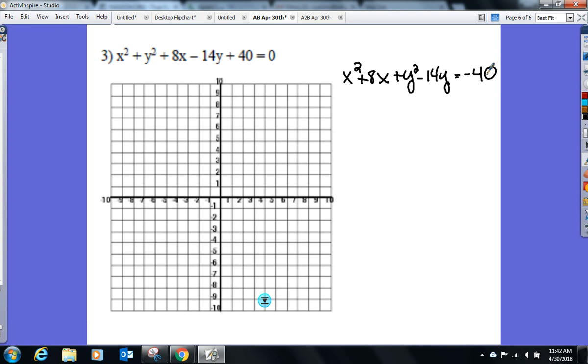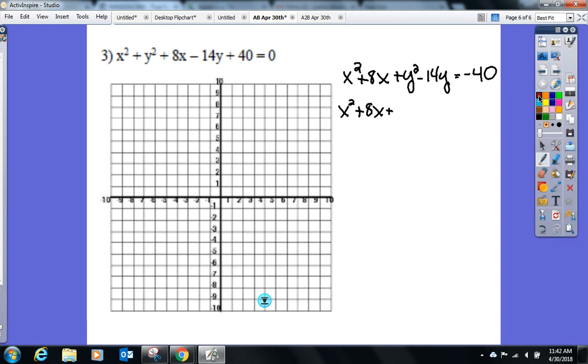Okay, let's complete the square for the x's now. What is your b value, first of all, for the x's? B value divided by 2, squared, plus 16. What about for the y's now? Can you do it?